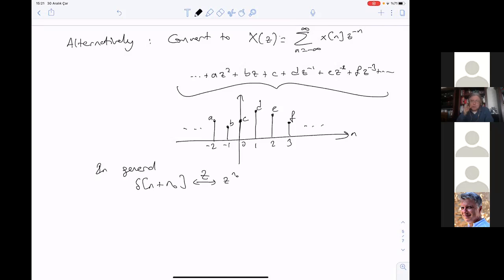Or the z transform of the impulse at minus n0 is z to the n0. If n0 is positive, then it means it's a shift to the left. If n0 is negative, that is like delta n minus 3, for example, which will have a z transform of z to the minus 3, that would correspond to a time signal at n is equal to 3.